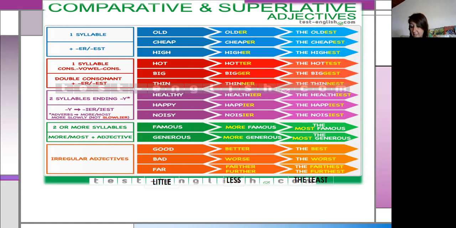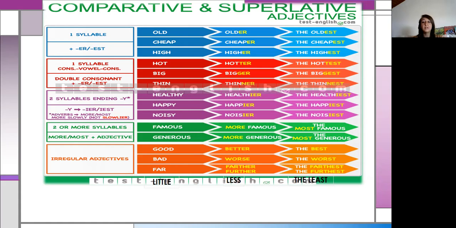There are not that many exceptions. Down here are shown the most popular and the most common exceptions, all right? There are not too many exceptions, so don't worry.